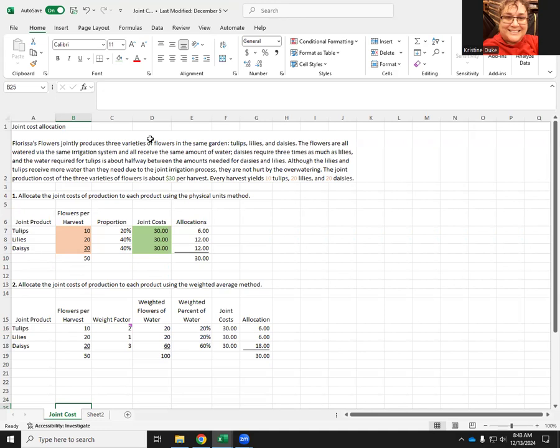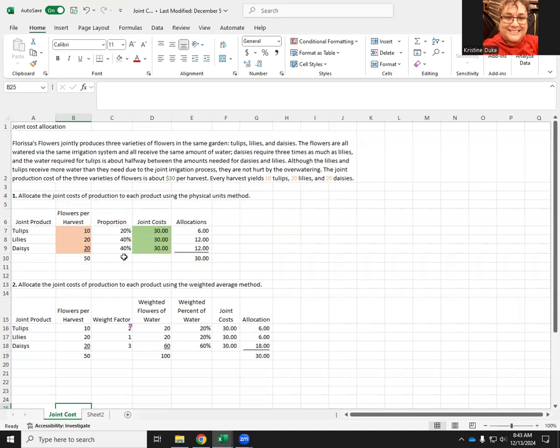This happens to be in reference to the examples of flowers: tulips, lilies, and daisies. There's a couple ways we can do this. We can use the physical units method, and you can see that happening right here. So this is the answer in reference to 10 tulips, 20 lilies, and 20 daisies.